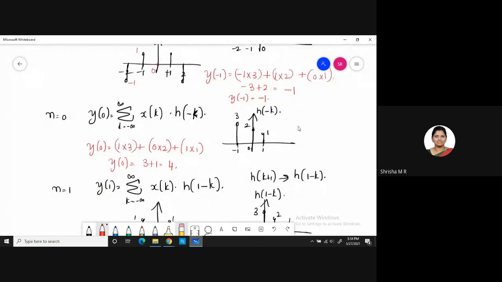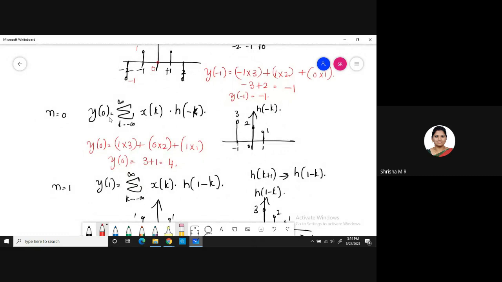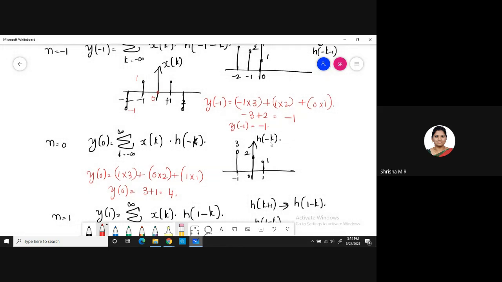Similarly, at n is equal to 0, y of 0 is summation k is equal to -infinity to infinity x of k into h of -k. H of -k means you can take time reversal of h of k, or you can shift this one step right. So where is the overlapping? You check. The overlapping is from -1, 0 and 1, these three.